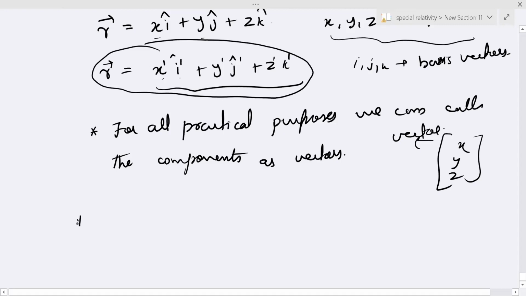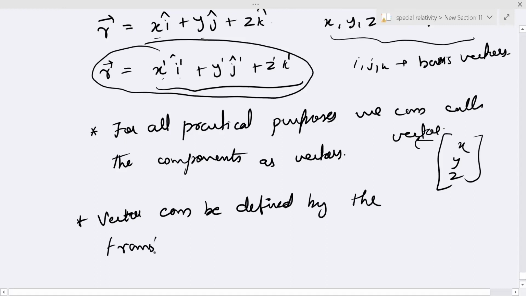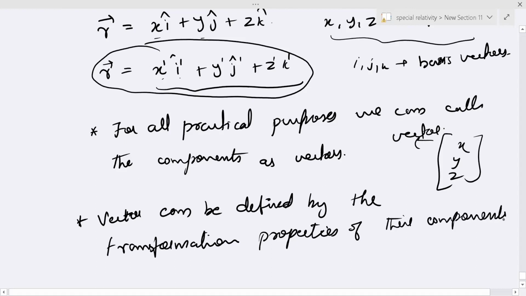And how do we define a vector? A vector can be defined by the transformation properties of its components.